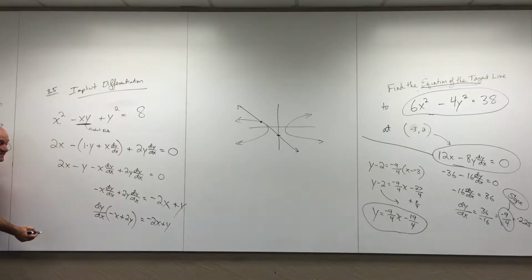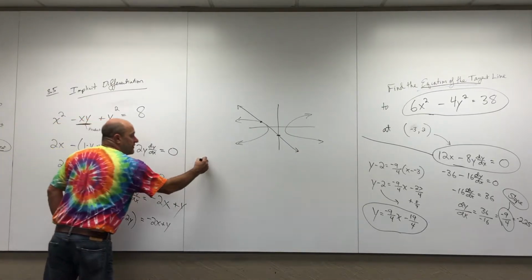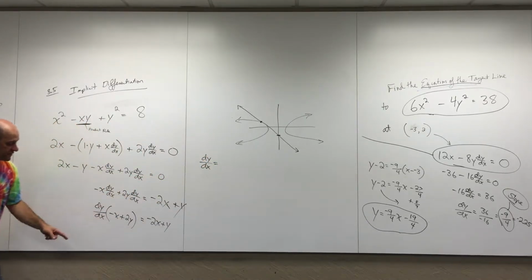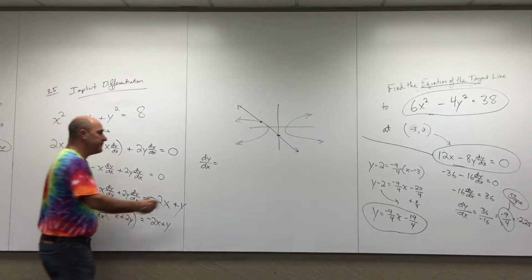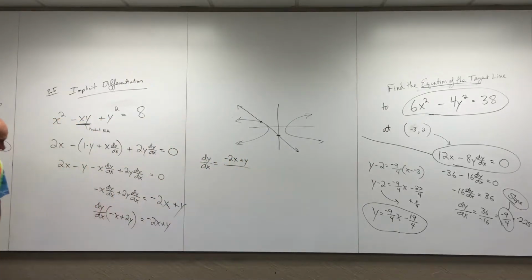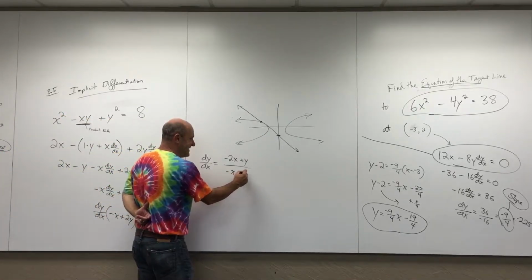Factor it out, then divide by that, and you're done. Your implicit derivative, dy dx, is negative 2x plus y over negative x plus 2y.